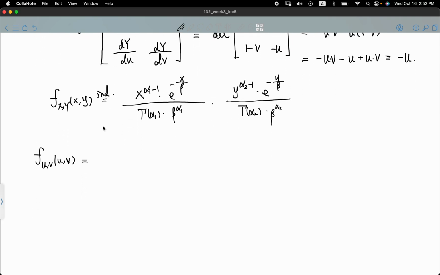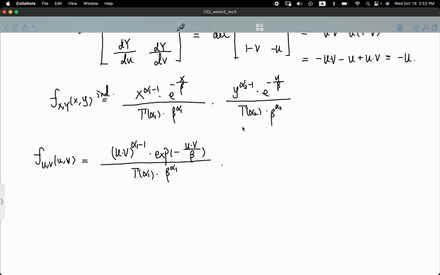So we have the following: uv to the power of alpha 1 minus 1. And then let me write using the exp notation, and then you will have negative uv over beta. Okay, and then the normalizing constant does not involve x and y, so it stays the same.